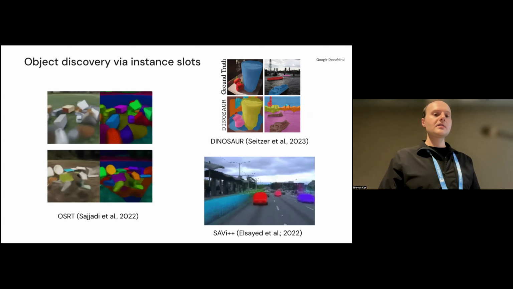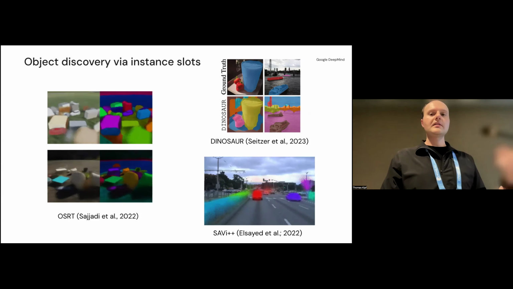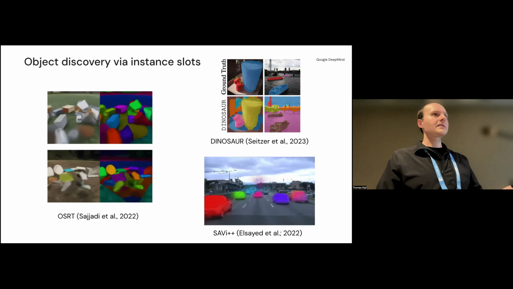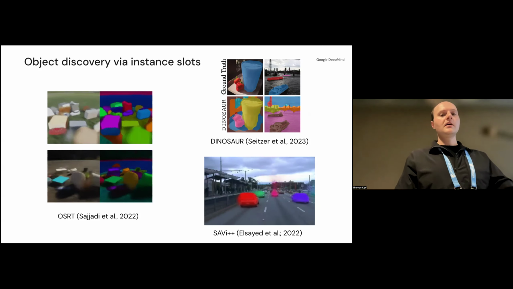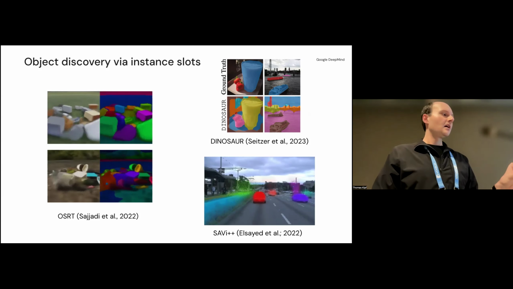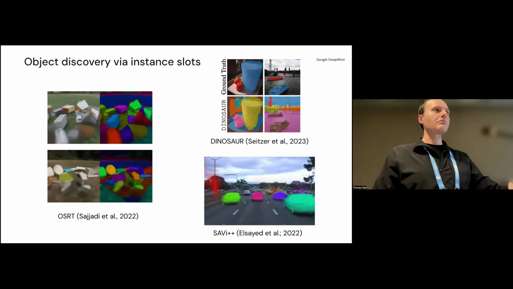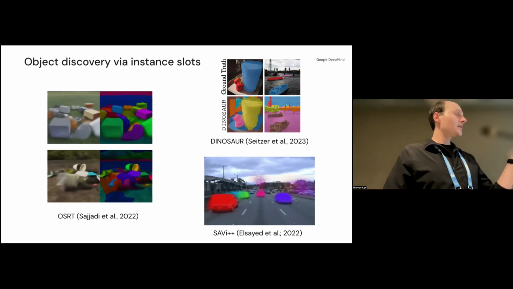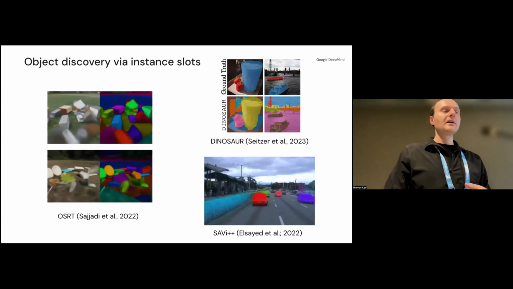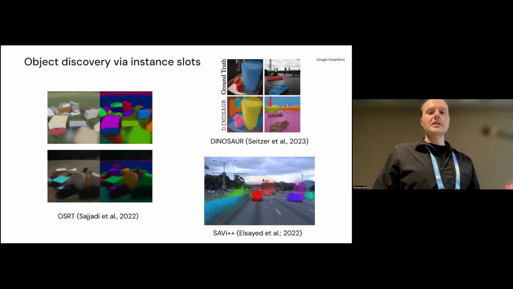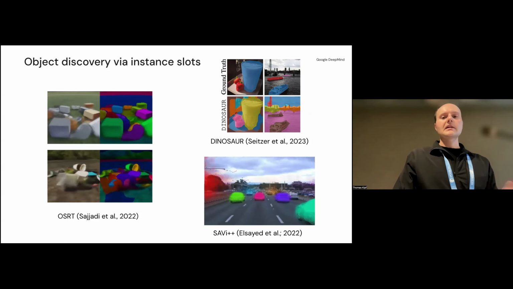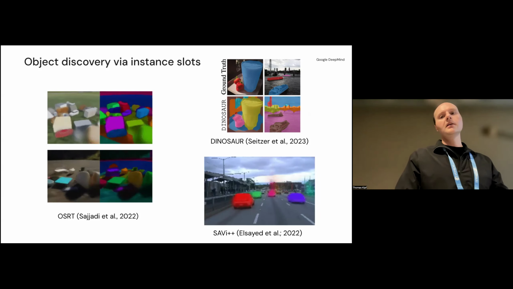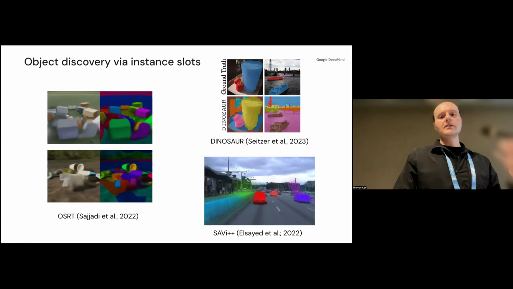But it's still very interesting to see what you can get just by architectural inductive biases, in terms of objects popping out as individual components of the scene, and pixels being routed to individual slots in these representations, in these 3D scenes, in these driving scenes, but also in more real-world, web-scale image datasets with methods like DINOSAUR and follow-ups that get some kind of grouping in terms of objects in these representations.